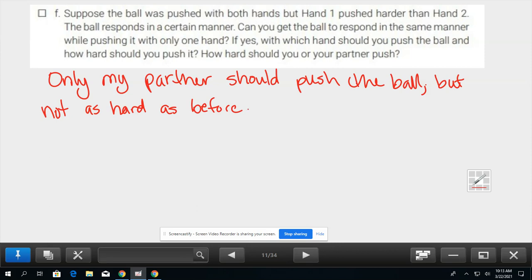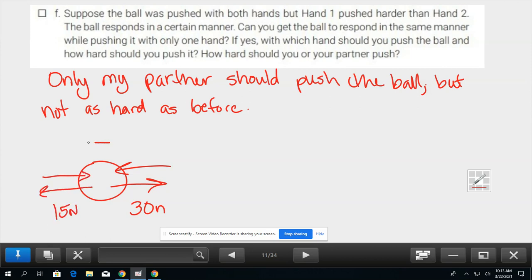Okay, so let's say that we've got 30 newtons of force here, and am I pushing that way? Whoops. And we have 15 newtons of force here. The ball is going to move in this direction with 15 newtons of force.